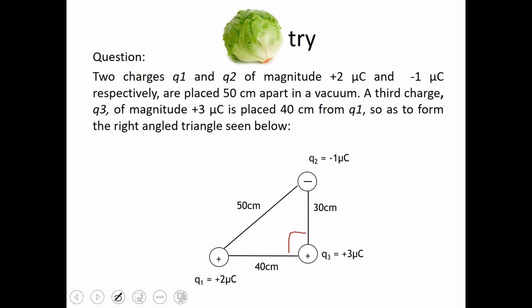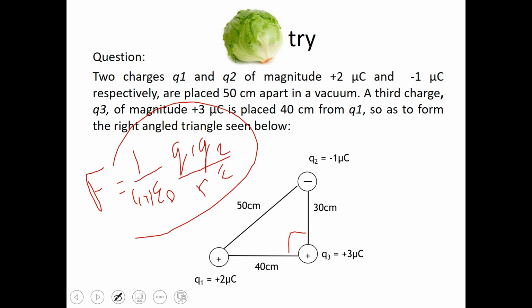Alright, I want you to use Coulomb's law, so F equals 1 on 4 pi epsilon 0, Q1 Q2 on R squared. I want you to use this formula here to work out first the force on Q3 due to Q1. So this is going to be a repulsive force with a 3 and a 2 microcoulombs, and it's going to go that way.